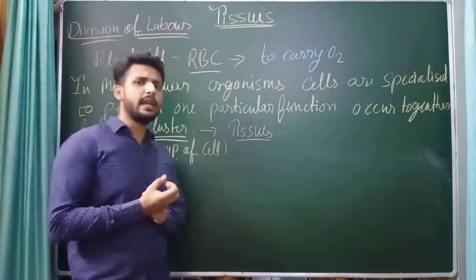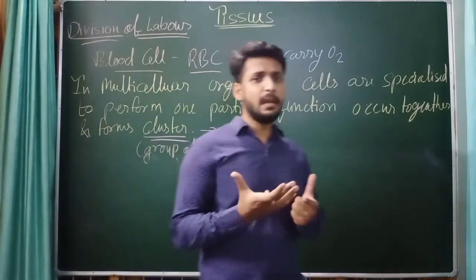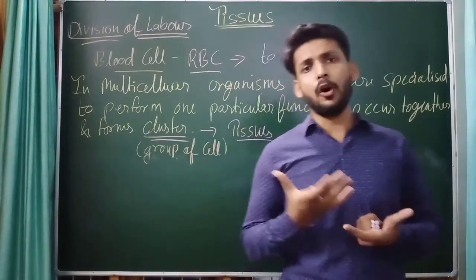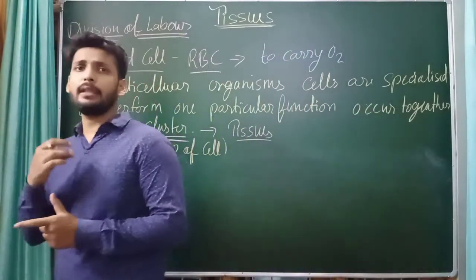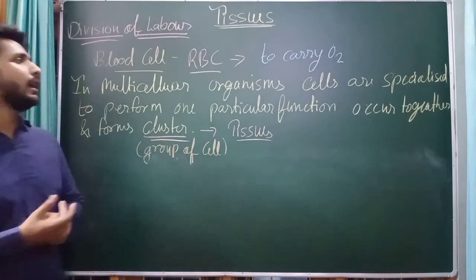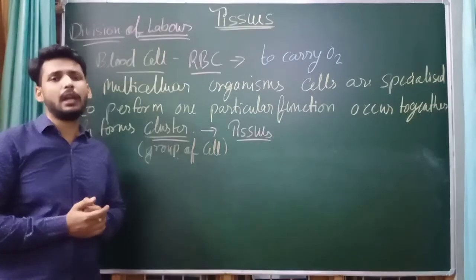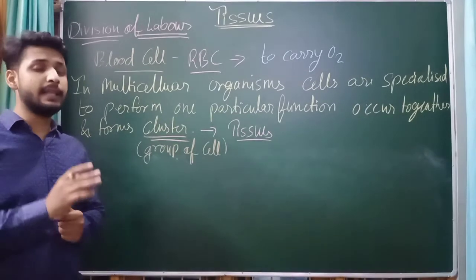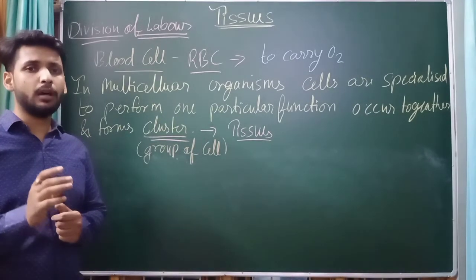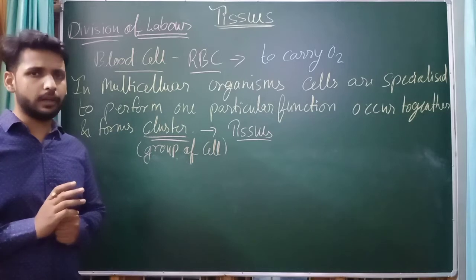Generally, they originate from the same or common origin, and all of them have the same structure and shape. If we are talking about the shape of RBC cells, almost all RBC cells have a common shape or structure, right?